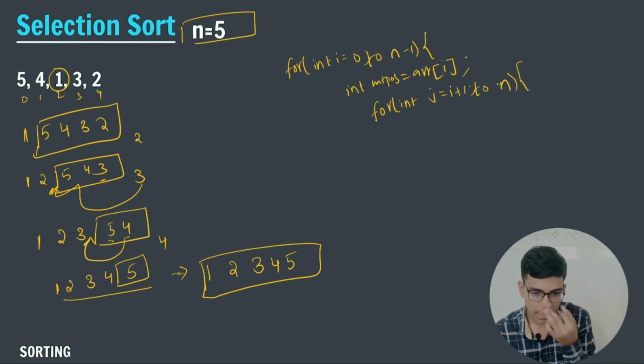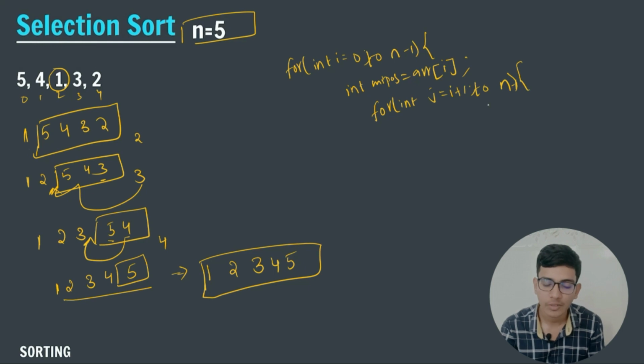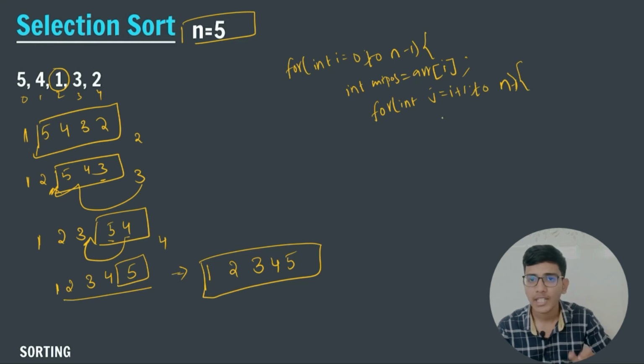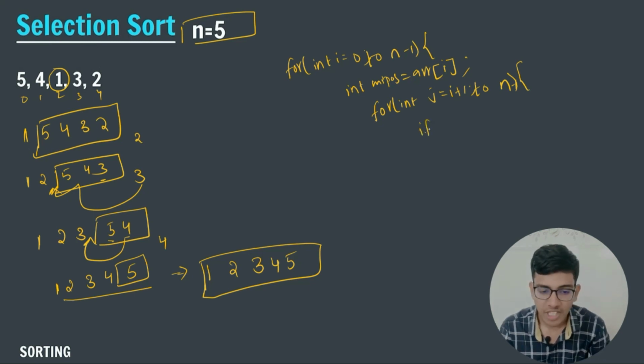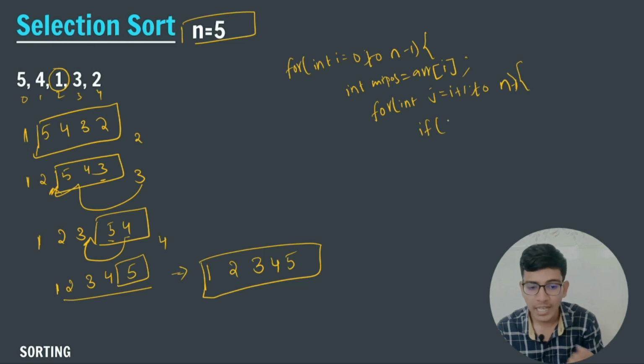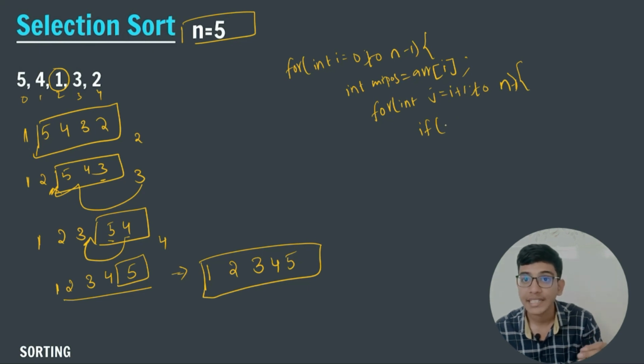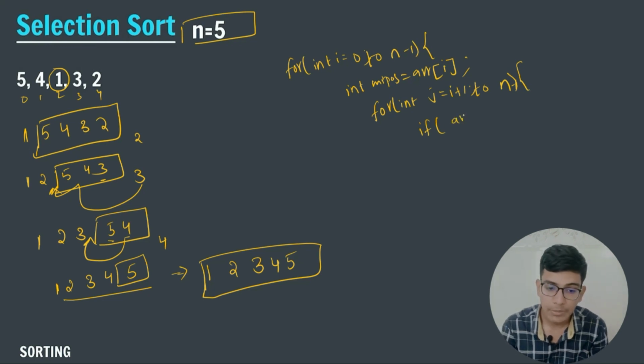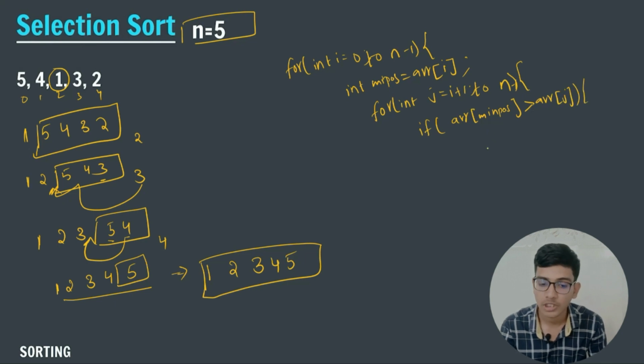So up to n minus 1 times, and in this I am checking whether my minimum position element is greater than any element present at j. So ARR of minimum position is greater than ARR of j. If this condition is true, then j will become my minimum position. So minimum position will change into j.